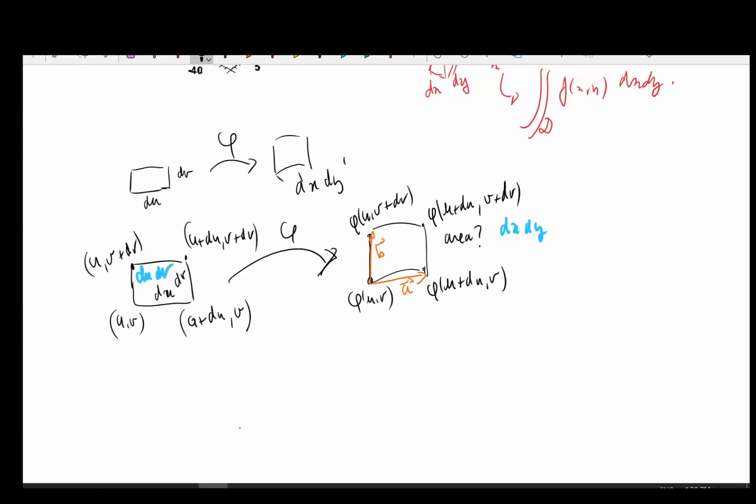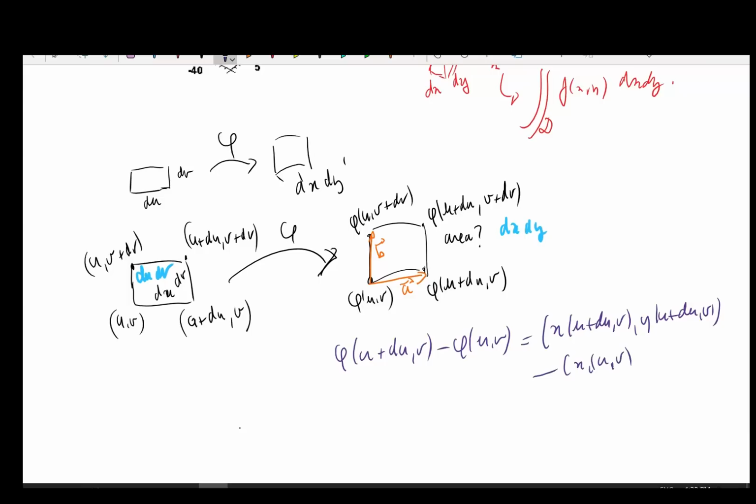So we want to find the coordinates of the vector A. The vector A is going to be given by phi of (u plus du, v) minus phi of (u, v). So that's just x of (u plus du, v), y of (u plus du, v) minus x of (u, v), y of (u, v).